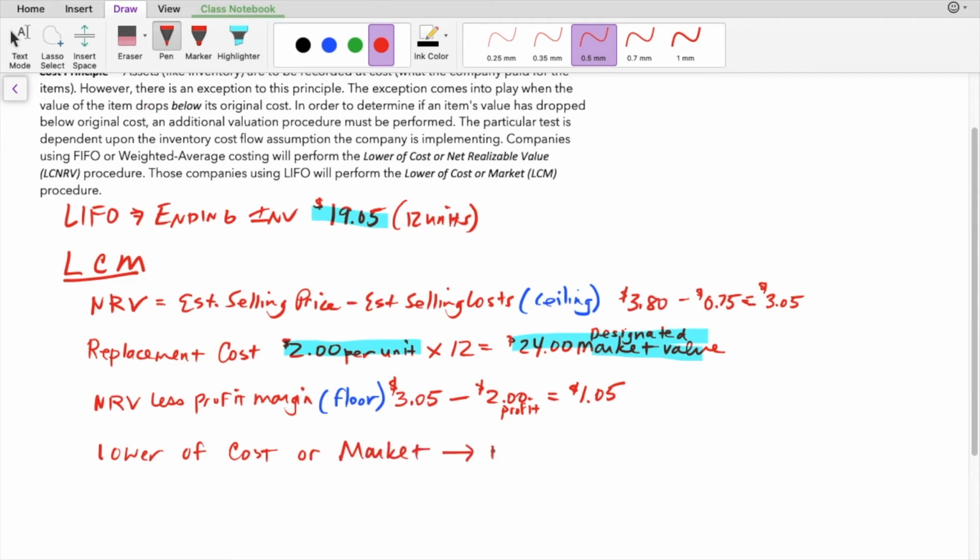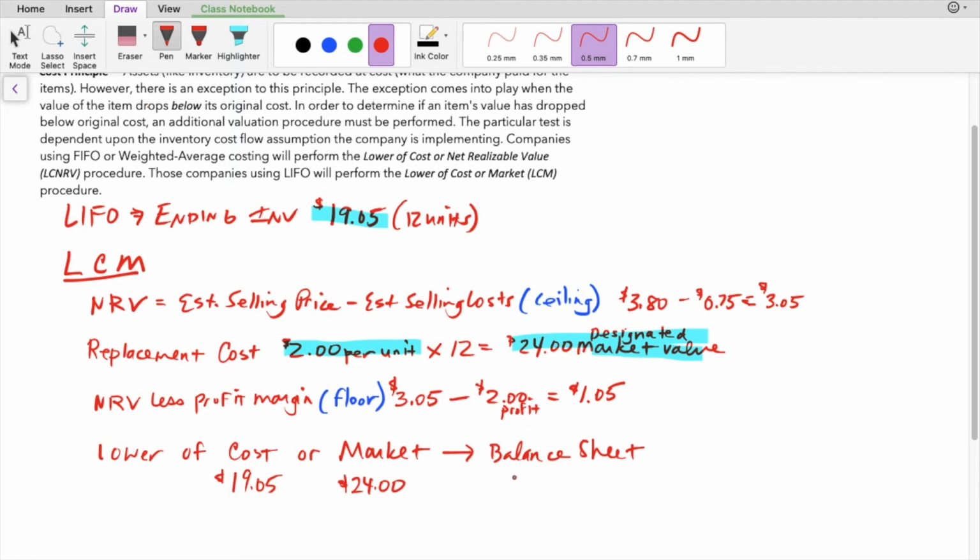That is going to go on my balance sheet. And so my cost in our example here is $19.05. And my market is 24. 24 was the replacement cost. It was above the floor, below the ceiling, and that's my value.